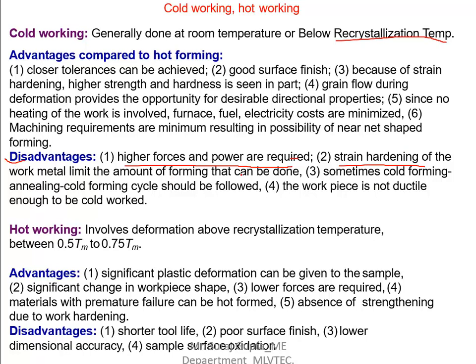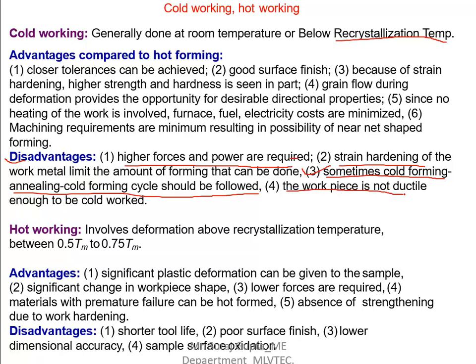Sometimes a cold forming, annealing, cold forming cycle should be followed. Okay, so just remember these points and we will explain them in the sixth module, the heat treatment process. The fourth point is the workpiece is not ductile enough to cold work.